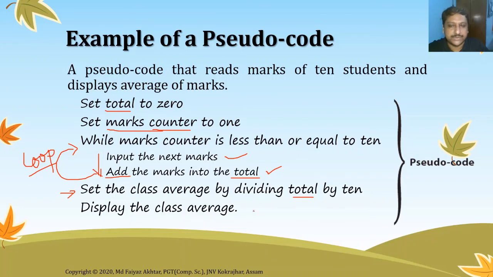Each time, the total is added by the next student's marks, and at the end of this loop the total of all student marks is in the total variable. Now it is divided by 10, the average is calculated, and then display the class average. This is the solution. This is pseudocode, written in English words without any restrictions.